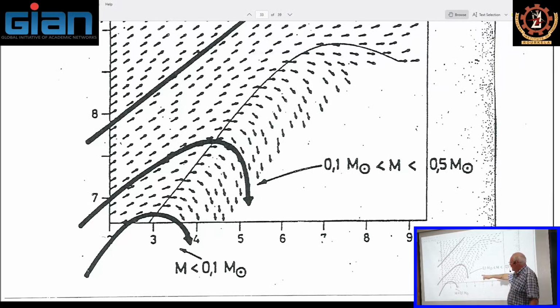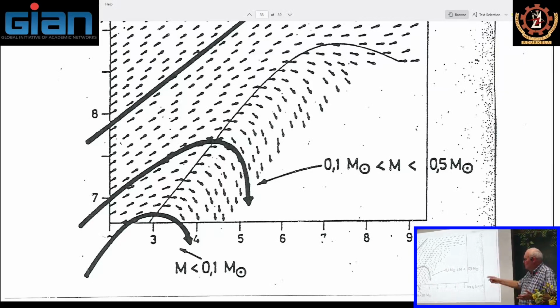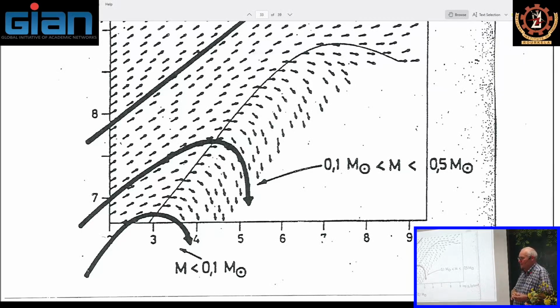So you have a range of masses, and depending on the mass, you will not reach helium burning, or carbon burning, oxygen burning, magnesium burning, and you will stop the evolution due to degeneracy before some of these stages of burning are reached. Okay, this is an effect of degeneracy.